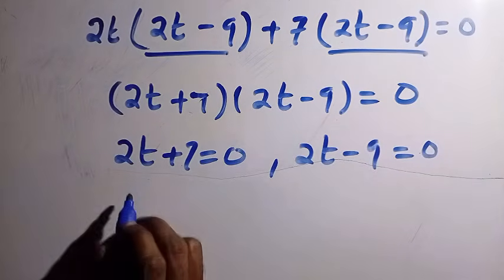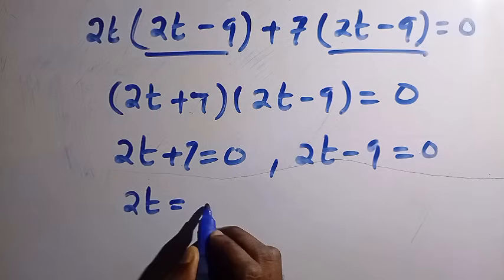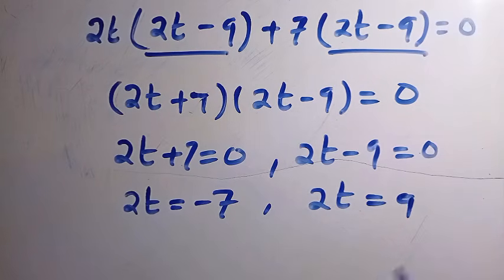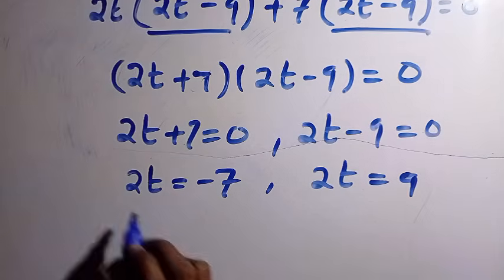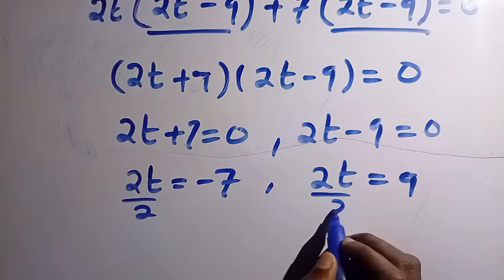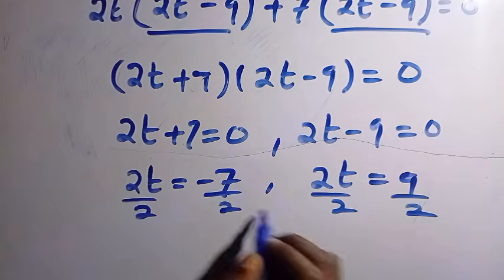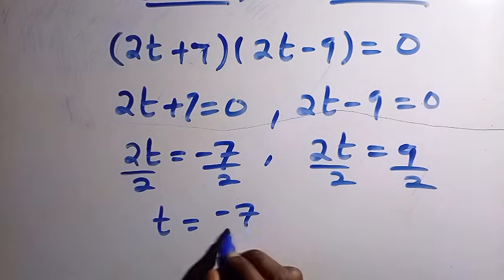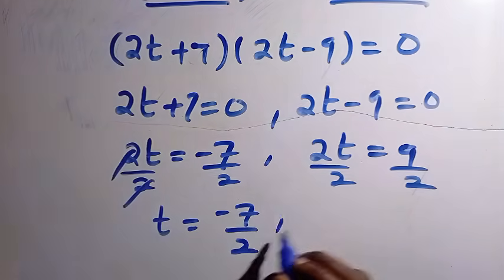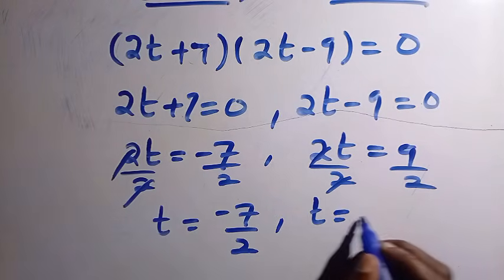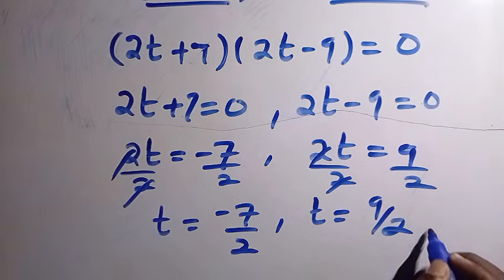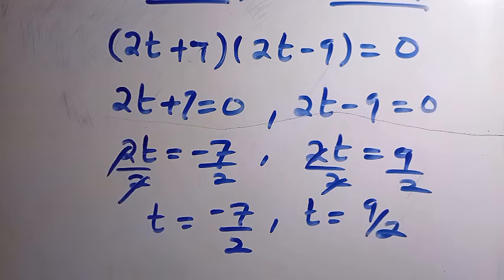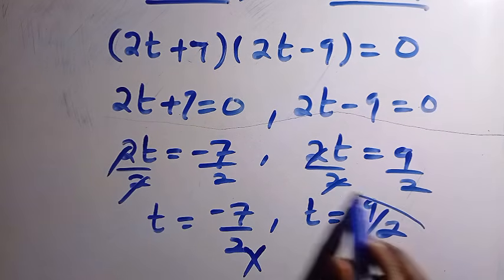For the first one, 2t equals minus 7, and then 2t equals 9. If I divide both sides by 2 throughout, we have t equals minus 7 over 2, and t equals 9 divided by 2. So we have two different solutions. Since t is greater than or equal to 0, we are going to reject this and consider only this.